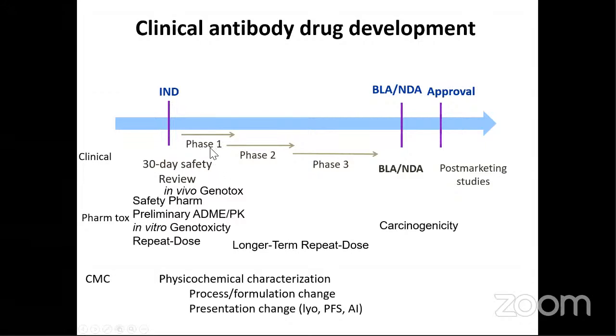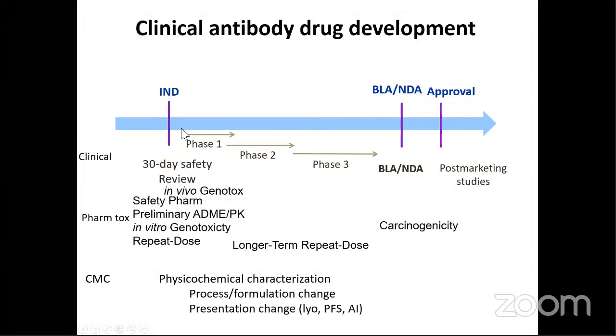And then it goes through phase 1, phase 2, and phase 3 trials as you would do typically for a small molecule. Any change, for example a process change, a formulation change or even a dosage form change that needs to be considered through these phases of trials, is associated with further physicochemical characterization in terms of CMC, and a bridging needs to be done from a pharmacology perspective.